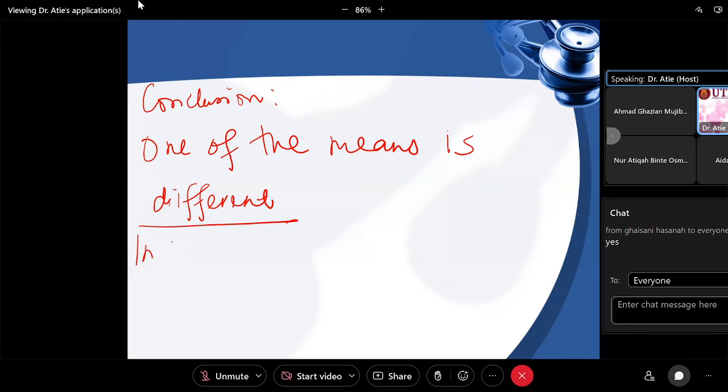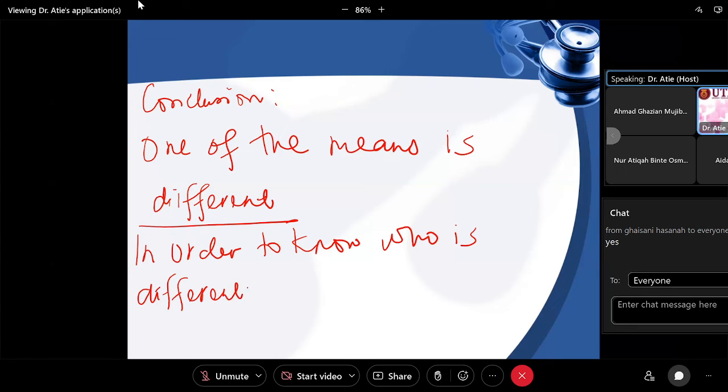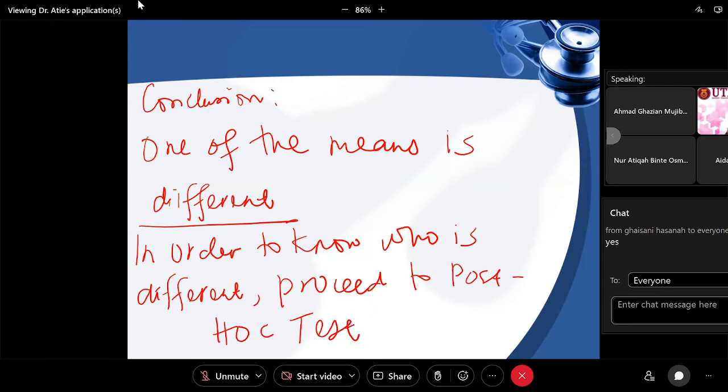Right. In order to know who is different, proceed to post hoc test. So that's what we need to do.